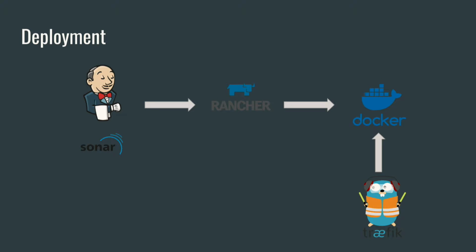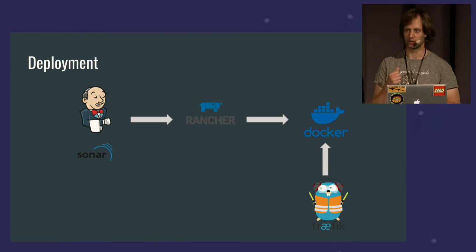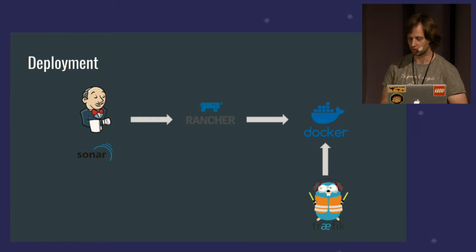So now, if you are familiar with continuous delivery, this is pretty simple. What we are doing for deployment is very simple. We are building on Jenkins. We are using Sonar as a quality gate. And once we have built our Docker image, we are pushing it into the registry and declaring a new service on Rancher.